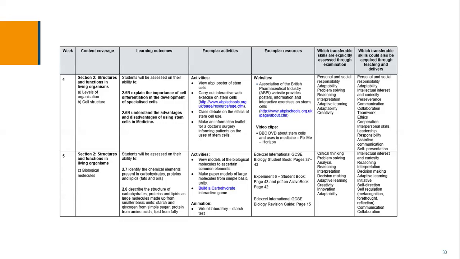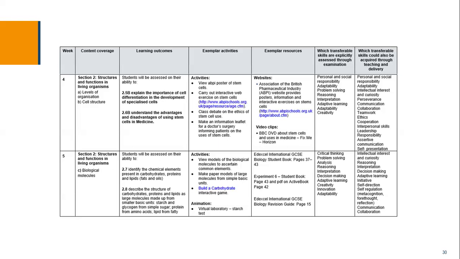Different activities that you may carry out with your students. You've got a poster, you've got an interactive exercise which is available to your students, suggestions on a class debate on stem cell use, and then a suggestion for an activity that the students can carry out themselves. You've got a list of resources that are available.